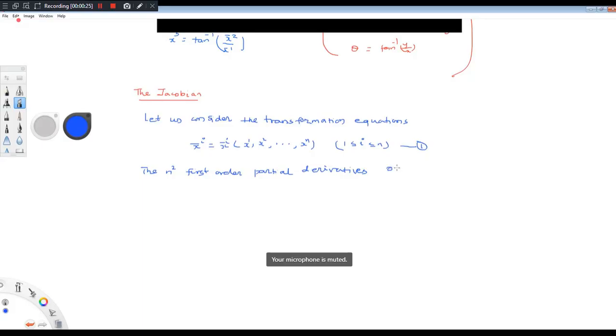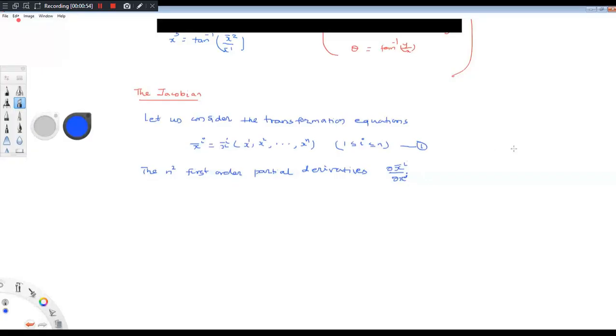Del x bar i by del x j. That means you differentiate this with respect to the x j component. Partial derivatives were studied in your third semester. So how many partial derivatives will there be? There will be n square partial derivatives.